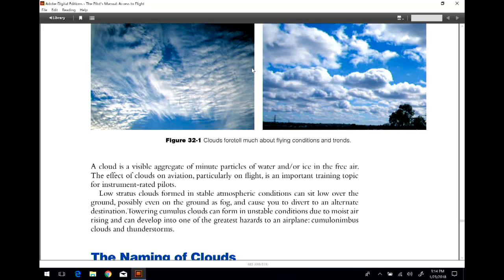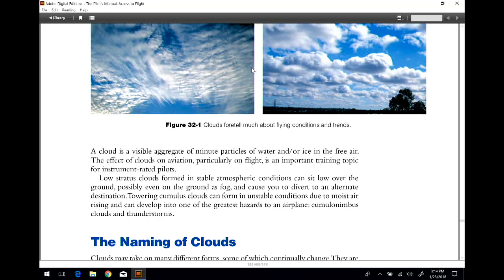So we're going to talk about this. We'll talk about the nomenclature here with regard to clouds. We will also talk about what it says there at the bottom of figure 32.1, about what it is that clouds can actually foretell, and so that's what we'll work on in this chapter.